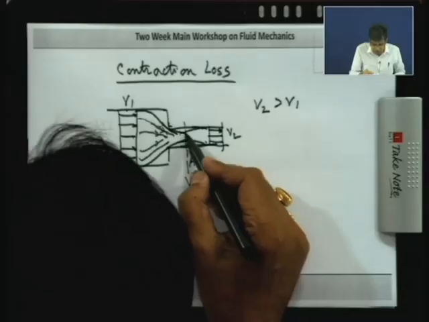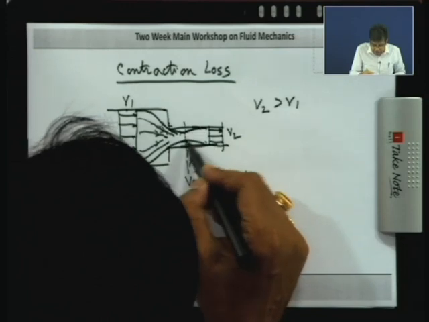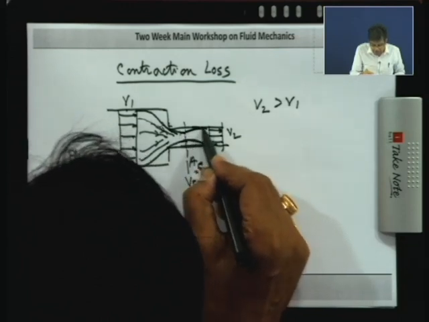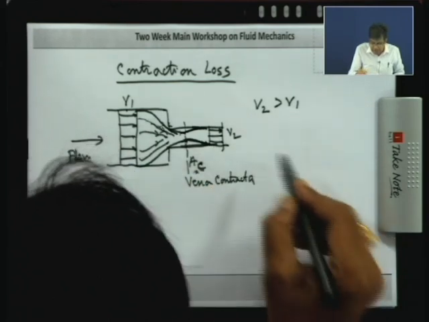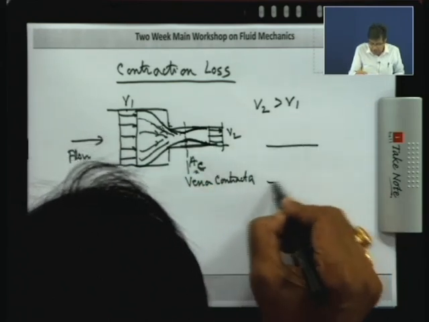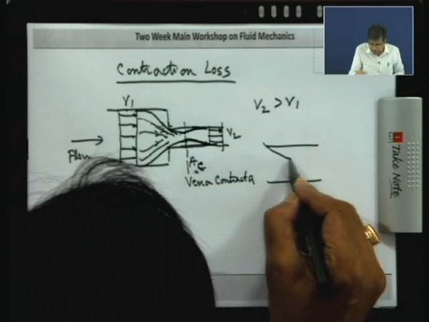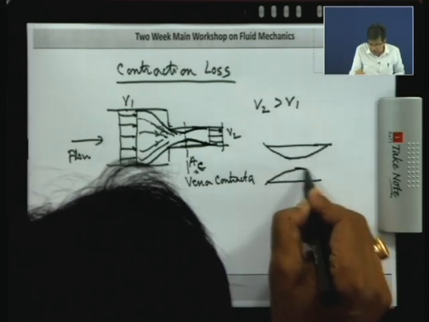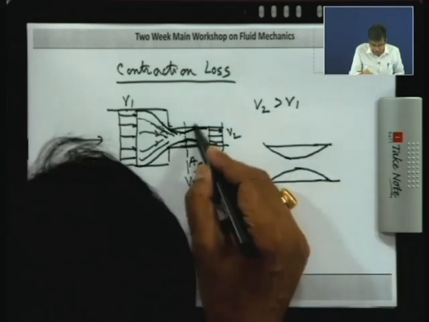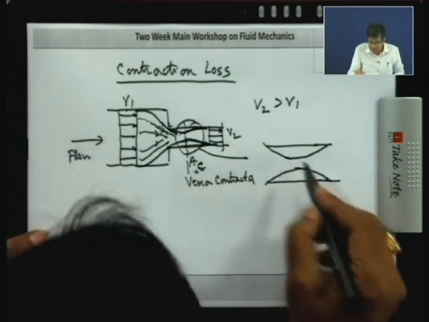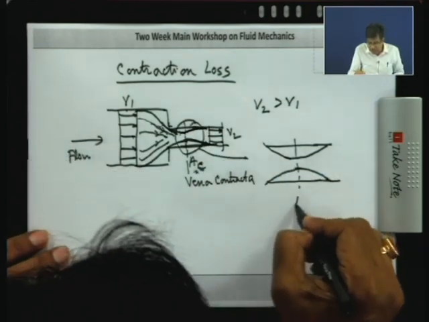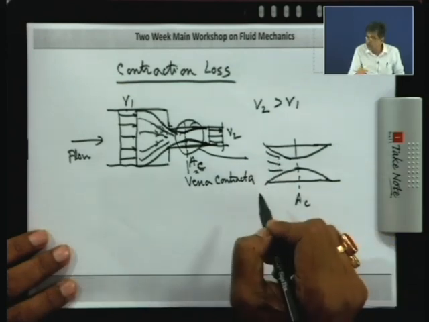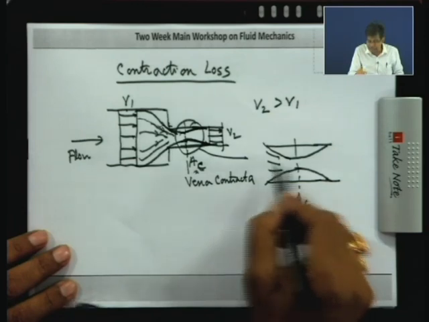So, therefore, the loss takes place because of the same separation when after the vena contracta the flow expands. That means, if I draw it in an extended view, after the vena contracta is formed, when the fluid again expands to fill the passage, this part I draw it in a, that up to this vena contracta there is no loss, because fluid flows through a converging section, that means accelerating flow.